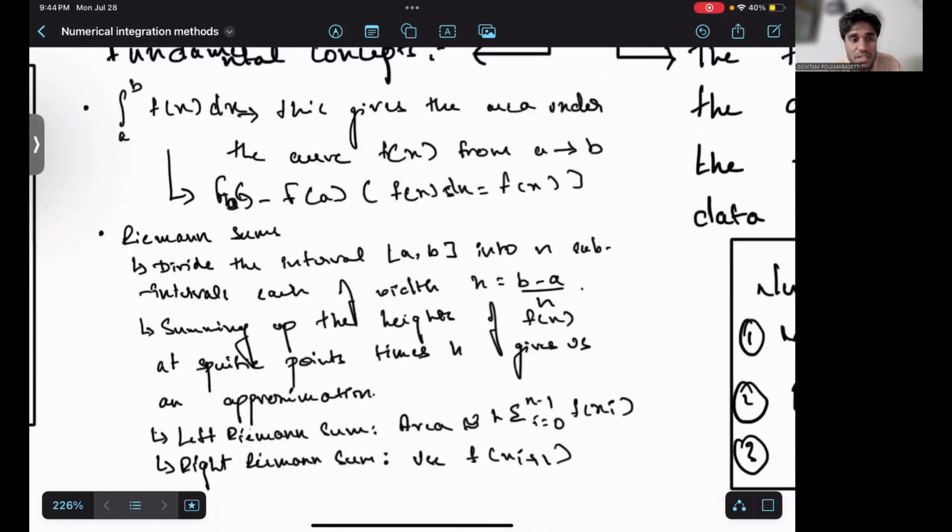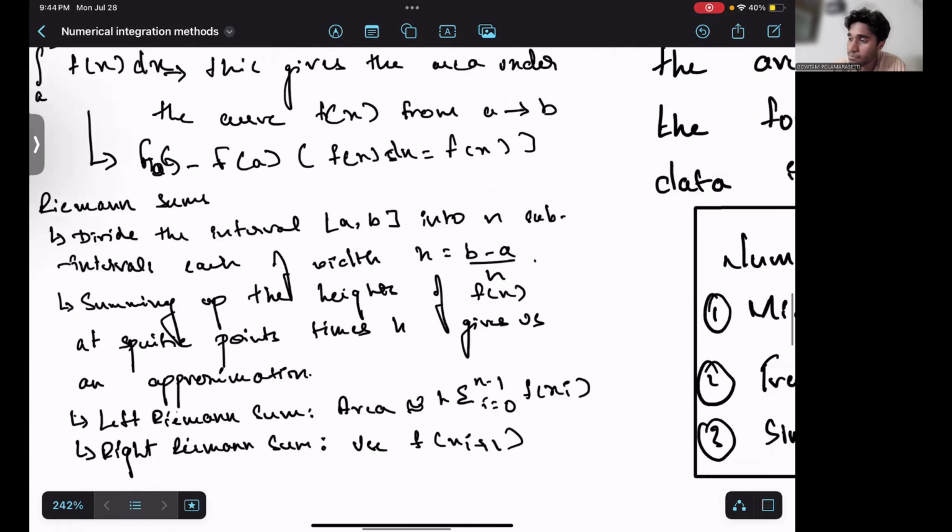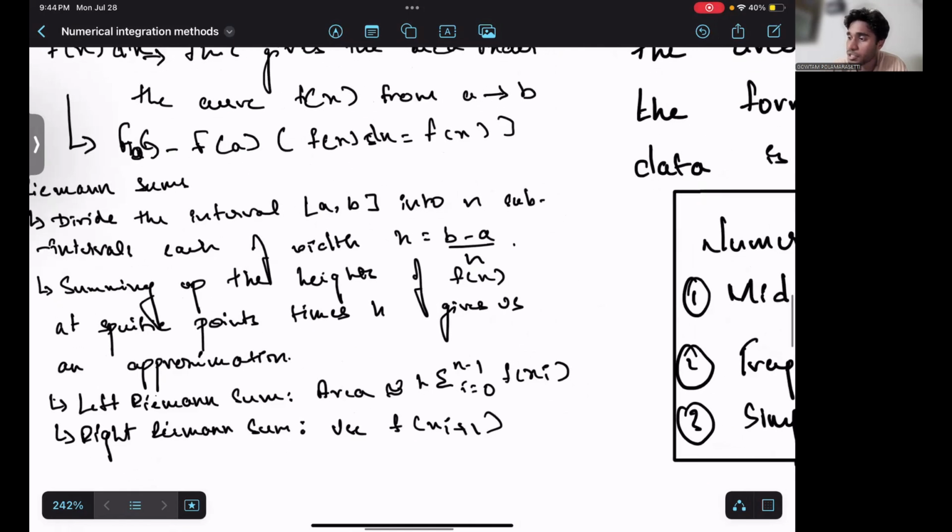Now, let us look into the fundamentals of Riemann sums, the bedrock of numerical methods. In this method, we divide the interval a, b into n subintervals. For example, if we have 0, comma 2, and we want four subintervals, we divide 2 minus 0 by 4, which gives us 0.5 each.